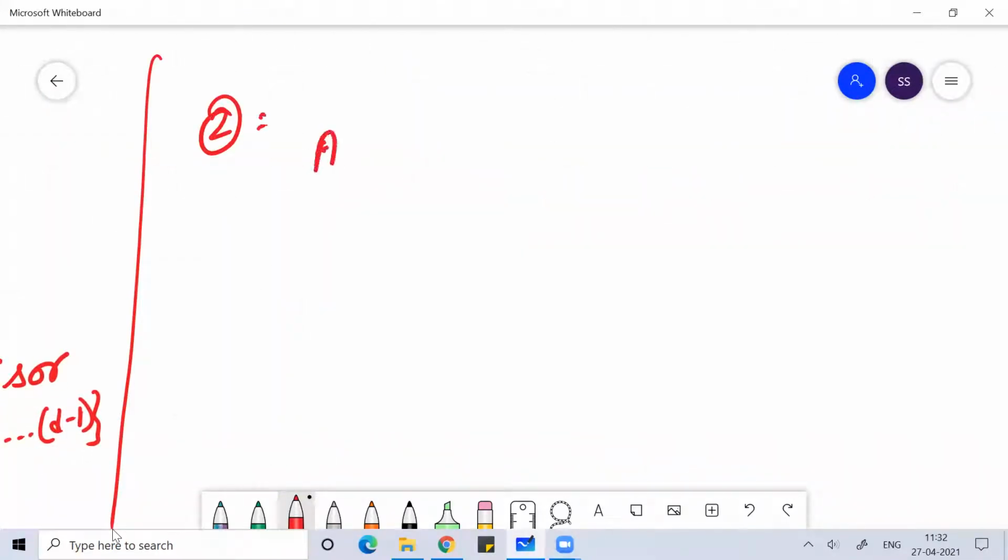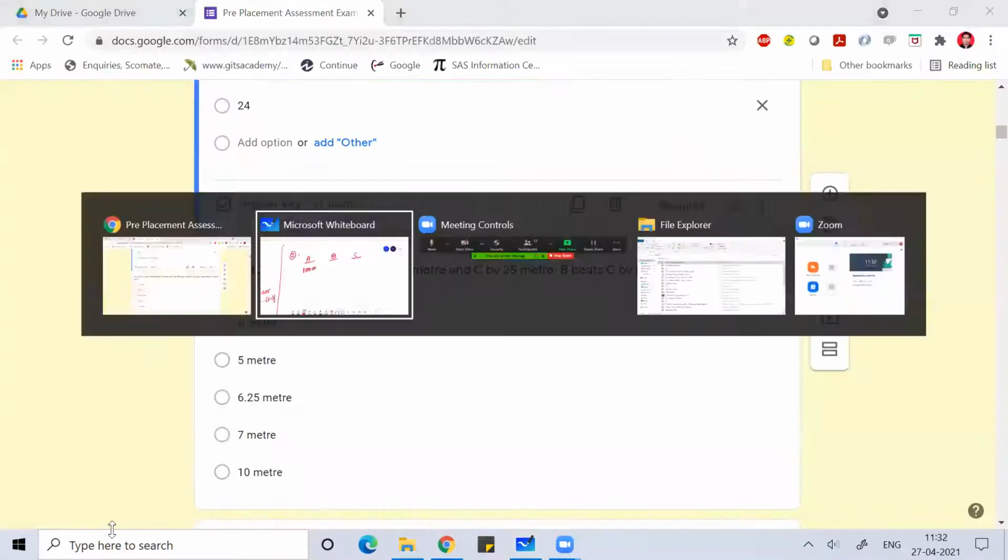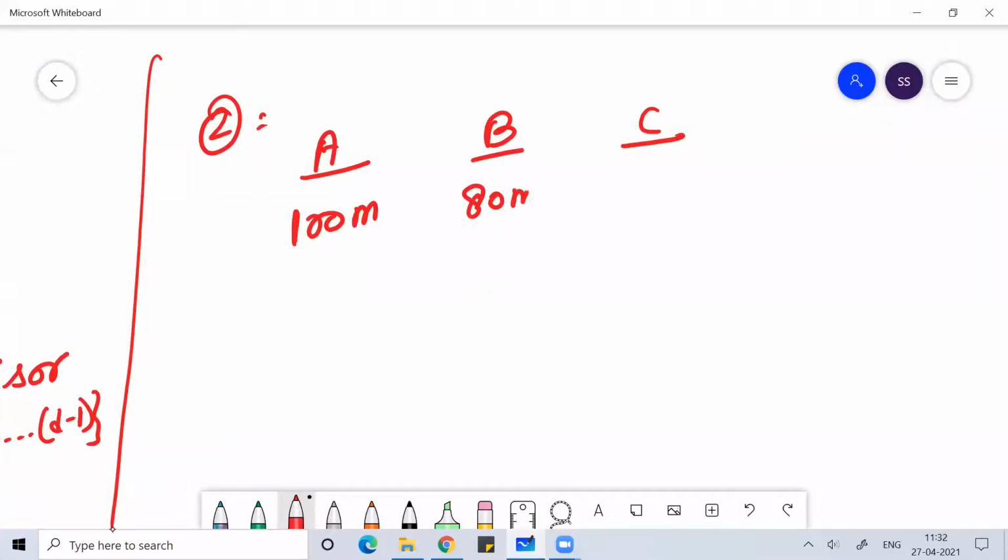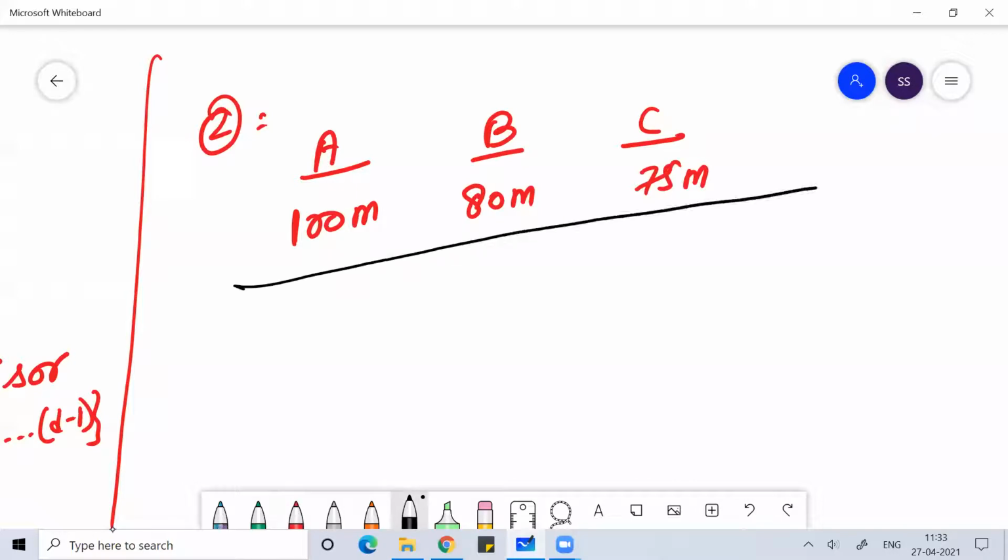So in a 100-meter race, when A runs 100 meters, A beat B by 20 meters, so B runs 80 meters and C runs 75 meters. What does this mean?